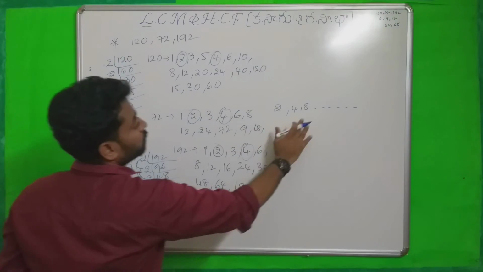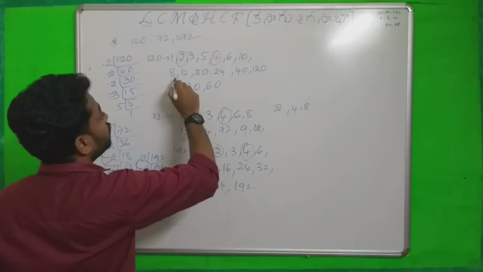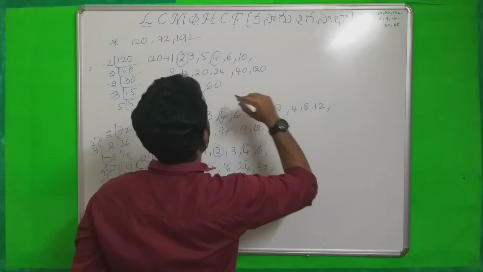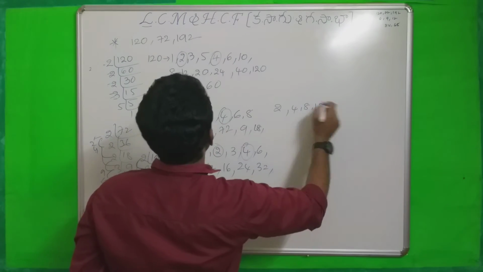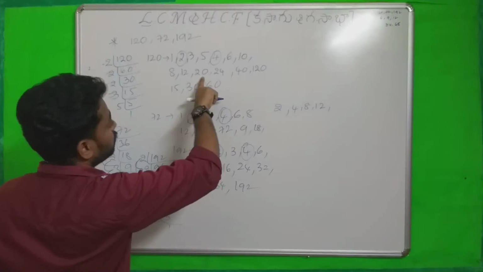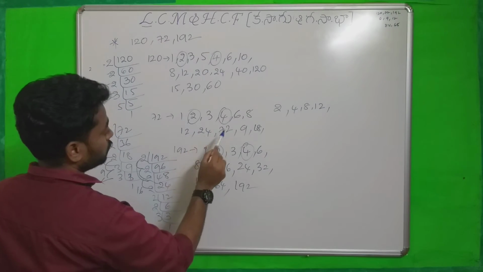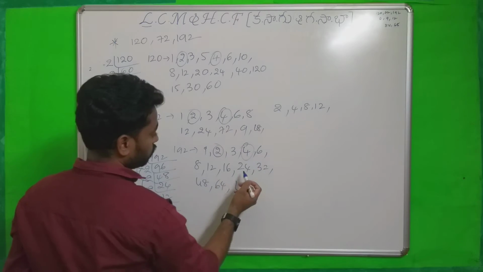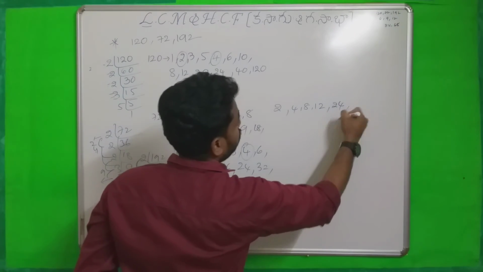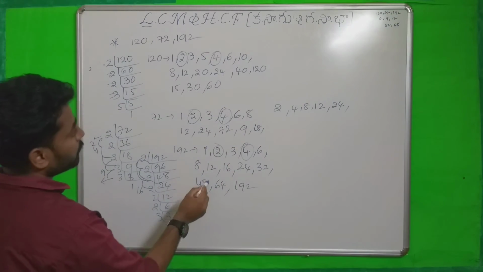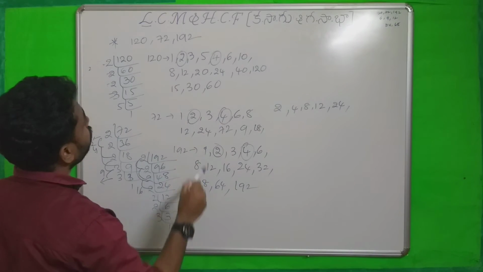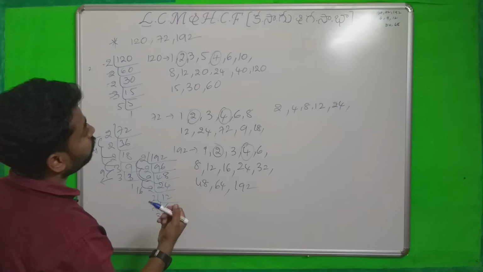The highest one we have to take: 8, 12, 14 not there, next 20, 40, 24. 24 is there. Any other one common? No. It's enough. 24.